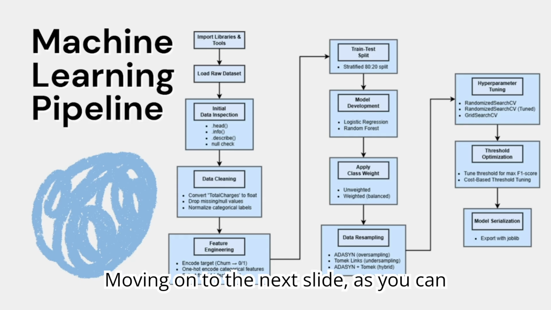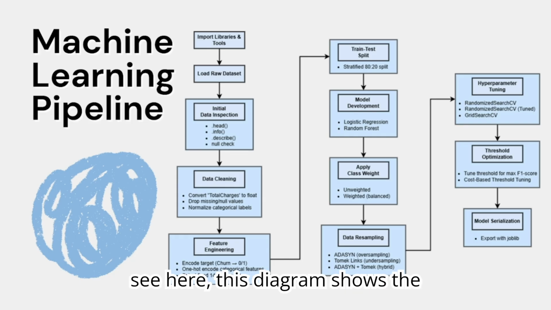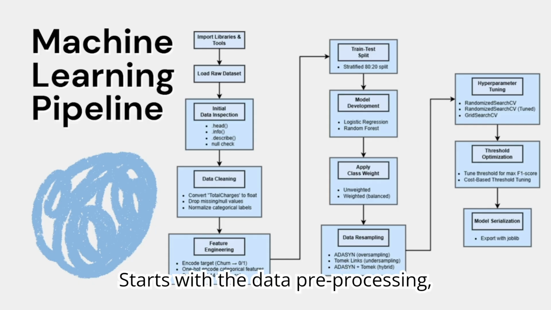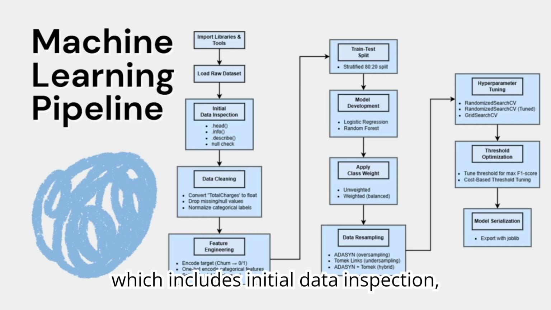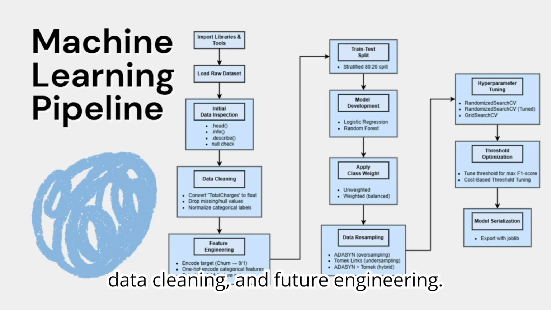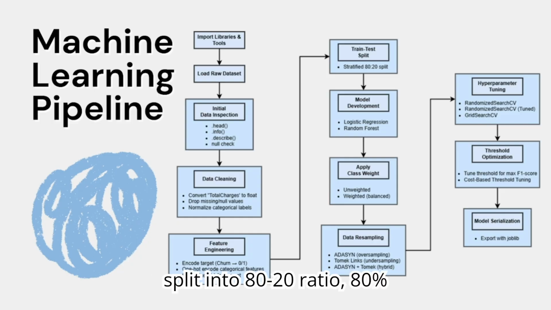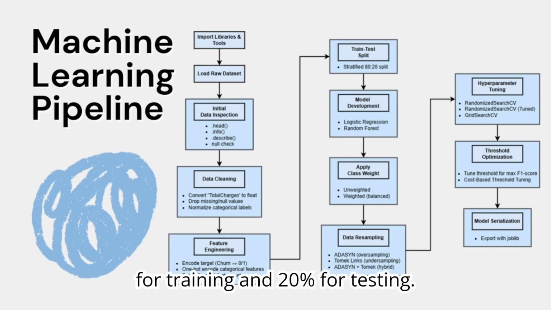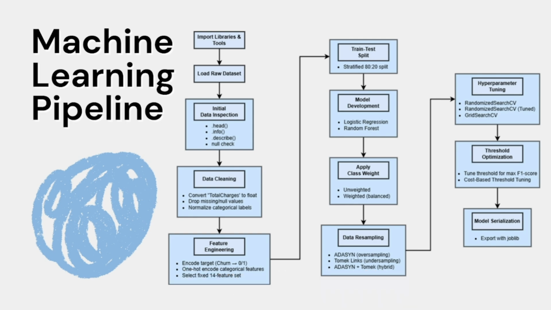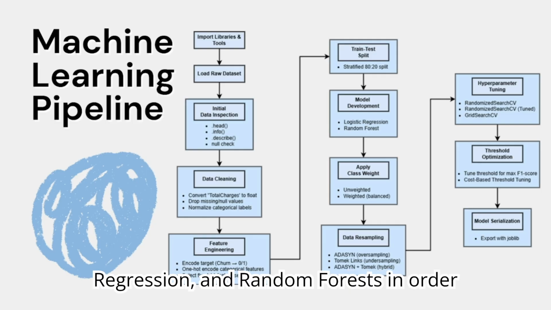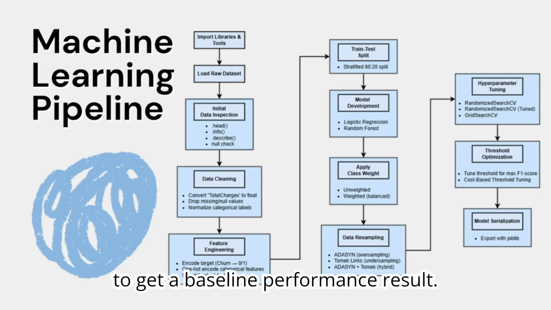Moving on to the next slide, as you can see here, this diagram shows the flow of the ML pipeline. It starts with the data pre-processing, which includes initial data inspection, data cleaning, and feature engineering. Next, the pre-processed dataset is then split into an 80-20 ratio, 80% for training and 20% for testing. We then train the base models, logistic regression and random forest, in order to get a baseline performance result.